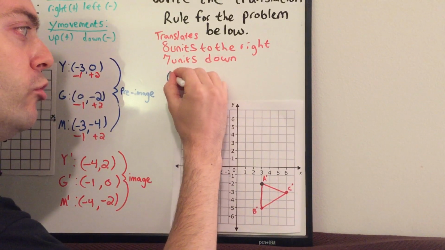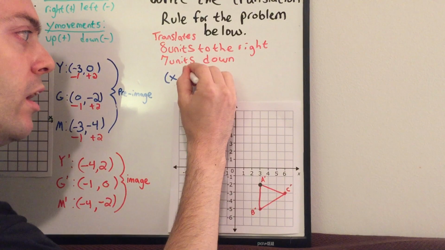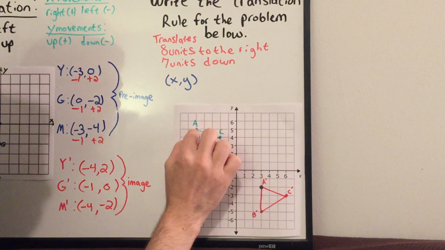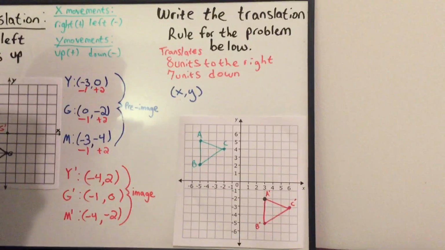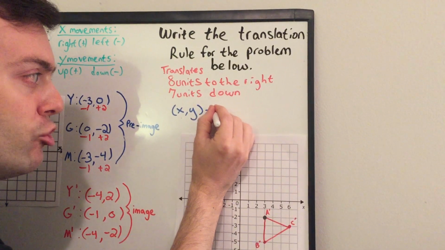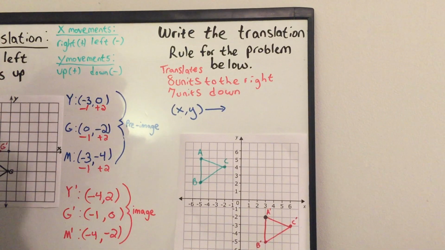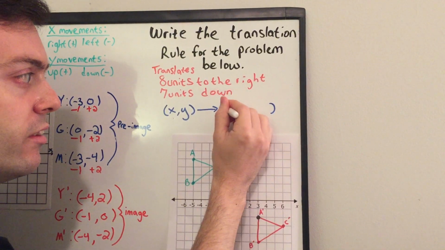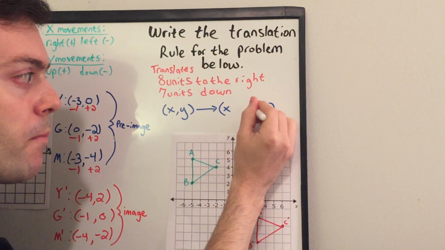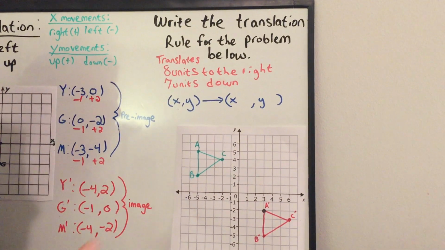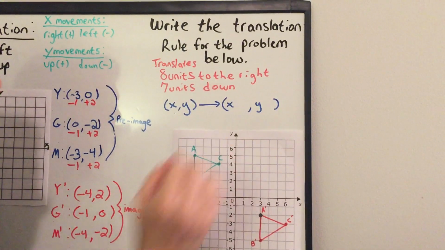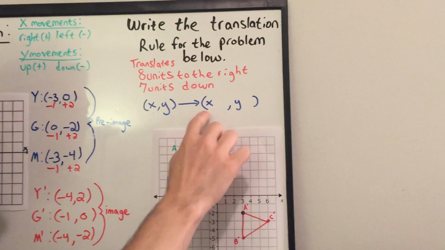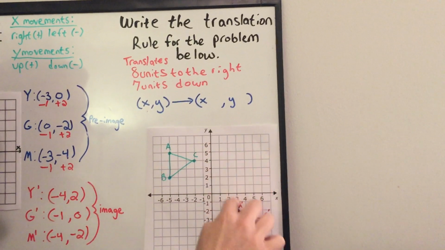So what you want to do is write x comma y, and that represents our original coordinates for A, C, and B. And we're saying they translate, so I'm going to draw an arrow to my new coordinates, x and y. Now notice I left a little bit of space right here because we're going to say, what am I doing to this x that moves this A to A prime?